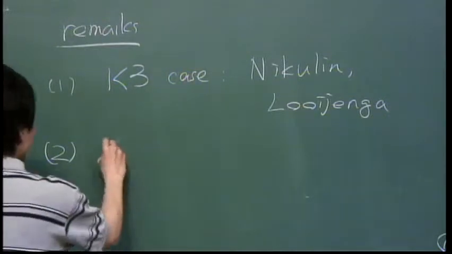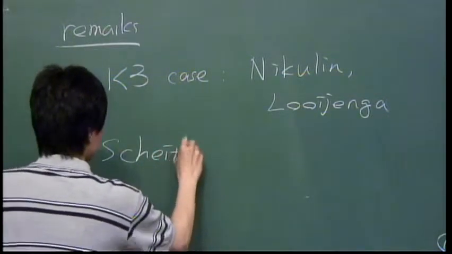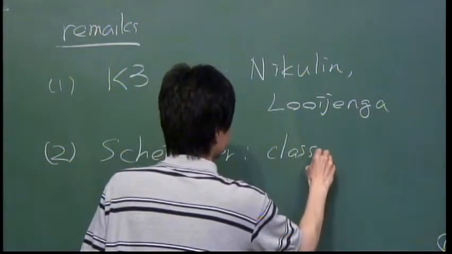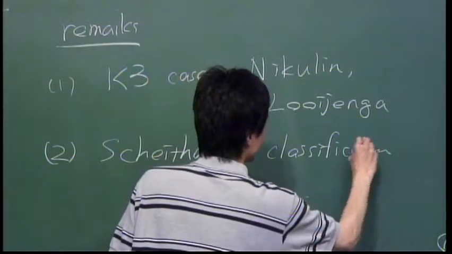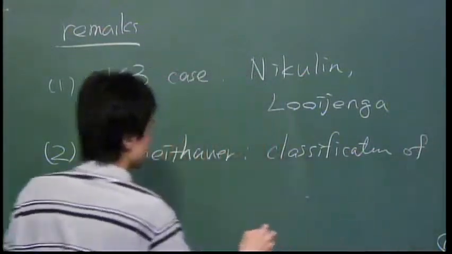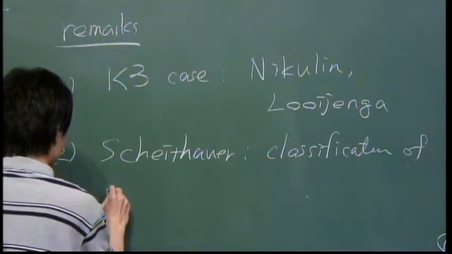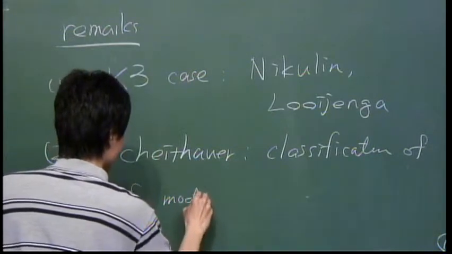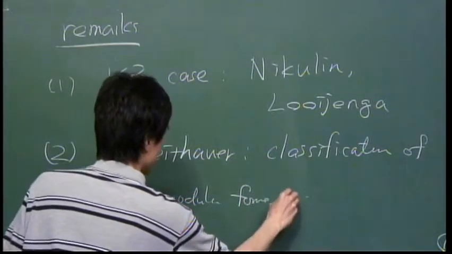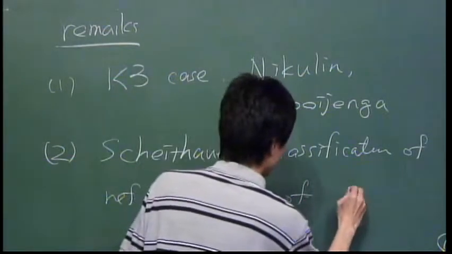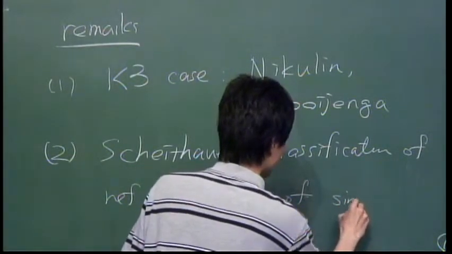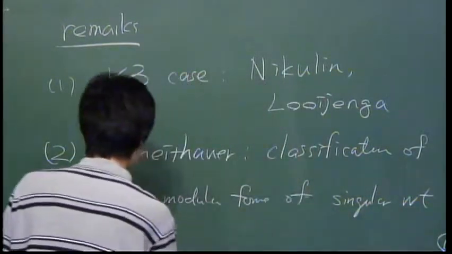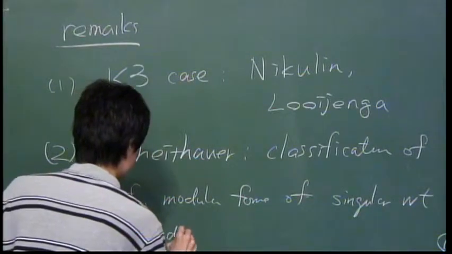And Scheithauer gave a classification of maybe the most interesting class of reflective modular forms, so classification of reflective modular forms of singular weight, possibly the smallest weight, and under some condition on the discriminant.